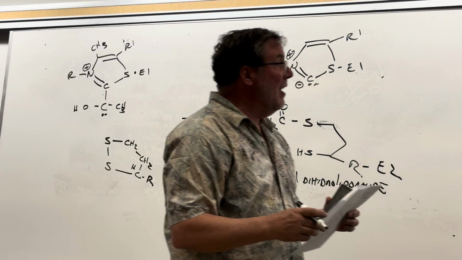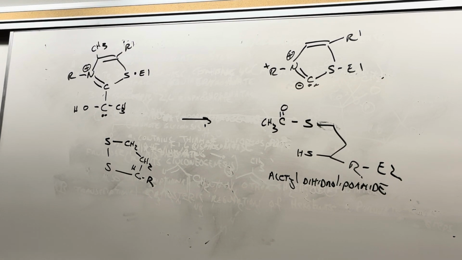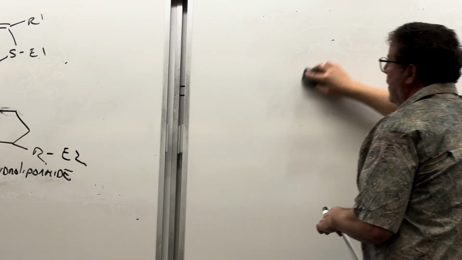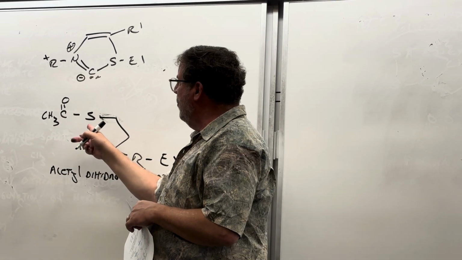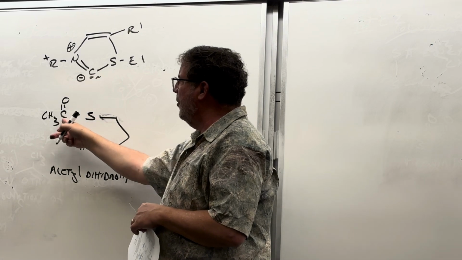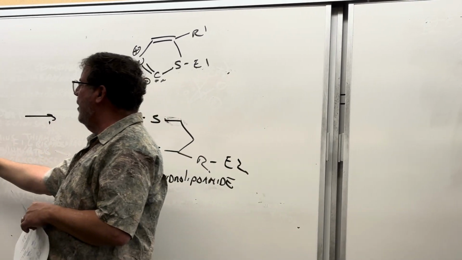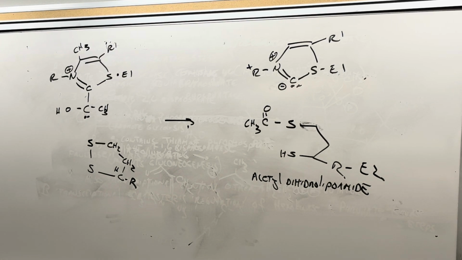All right, so the next thing that happens, so we had E1, E2, the next thing is E3. And what E3 is going to do is transfer this to another molecule called coenzyme A, and then we're also going to reoxidize this to the oxidized form and transfer those electrons to NAD to make NADH, a high electron energy carrier.